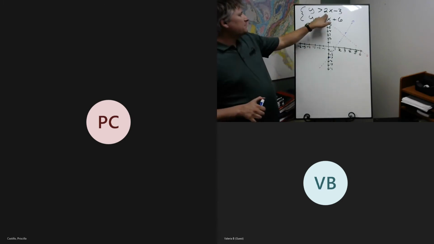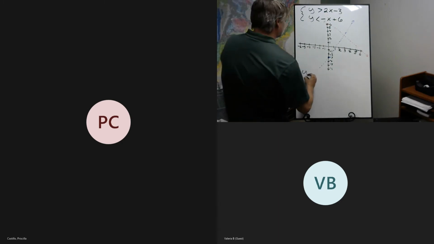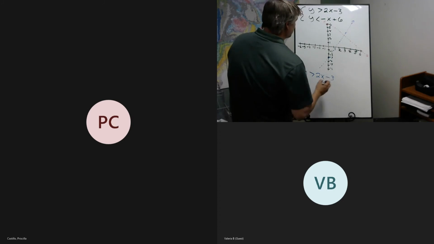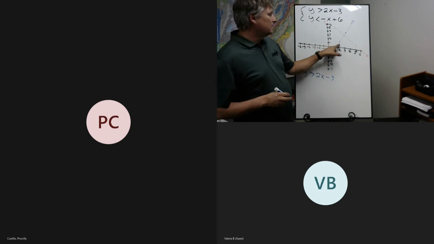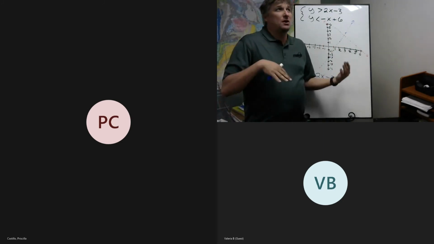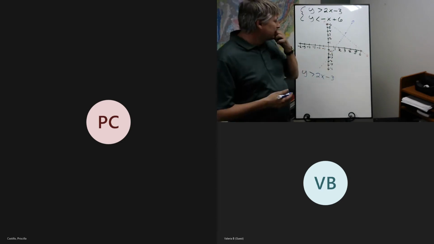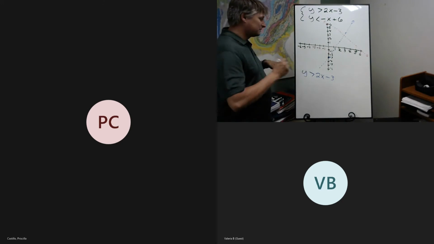Let's figure out test points for this. So what we want to do is pick a point not on that blue line, whether it's dashed or solid. It's not sitting on where this line is drawn. And I'd say go for an easy one. Let's go for that one.